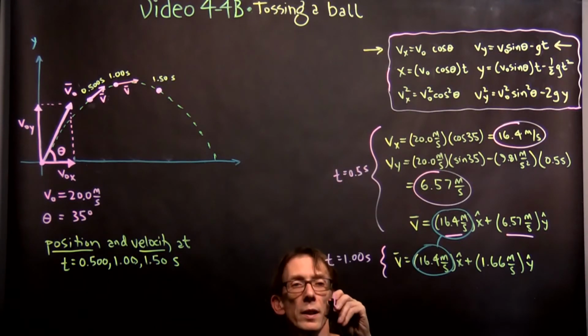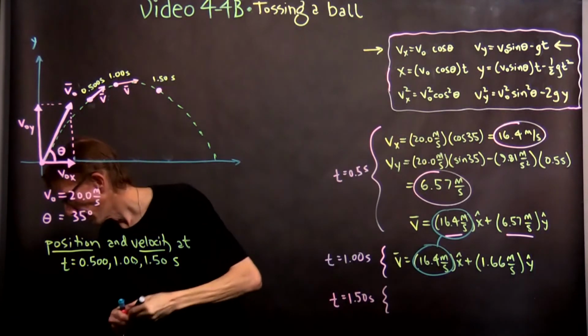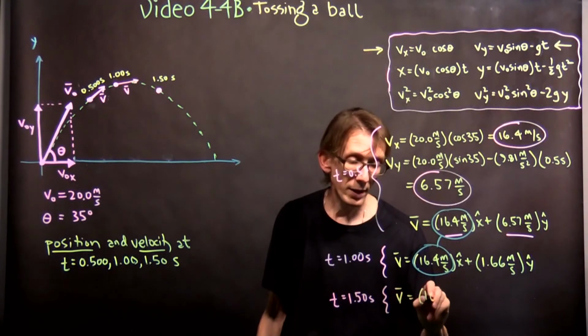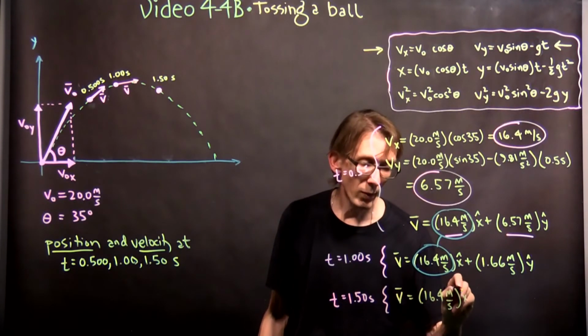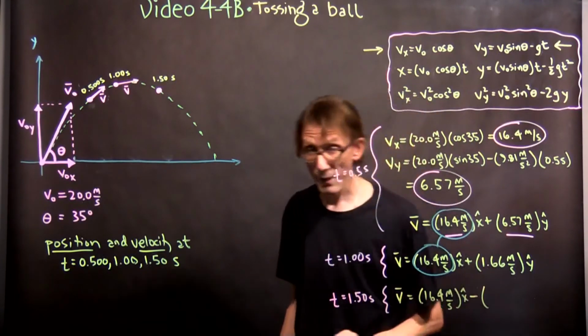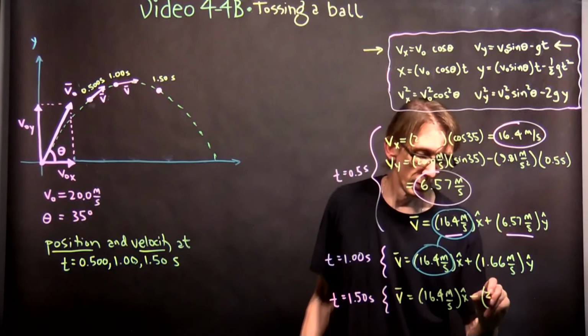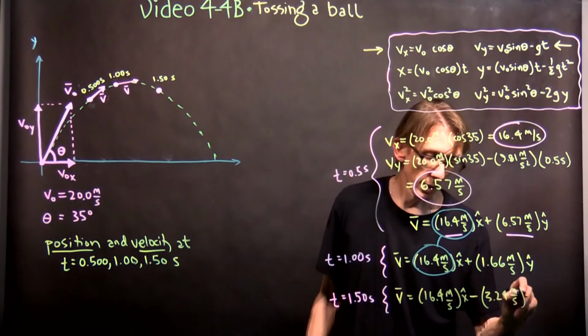Finally, at t equals 1.50 seconds, we have the same x velocity, 16.4 meters per second in the x direction. Now we have a negative component, minus 3.24 meters per second in the y direction.